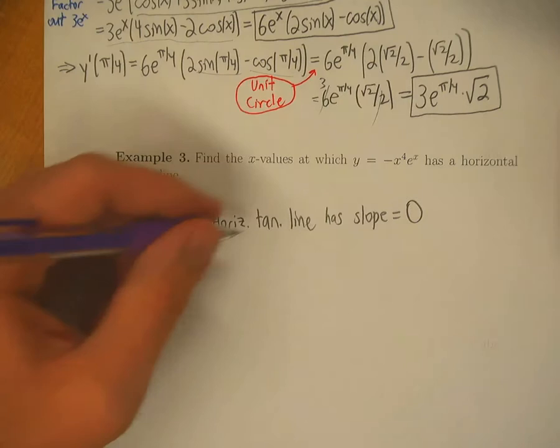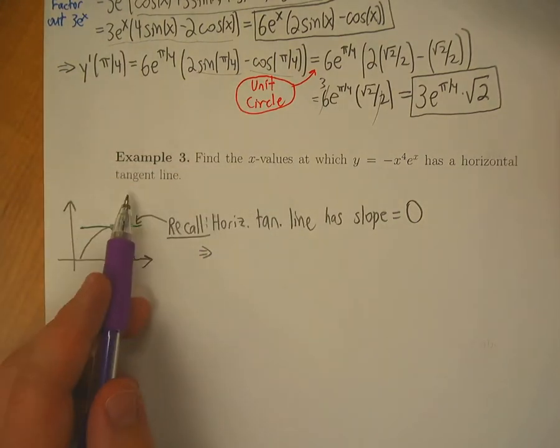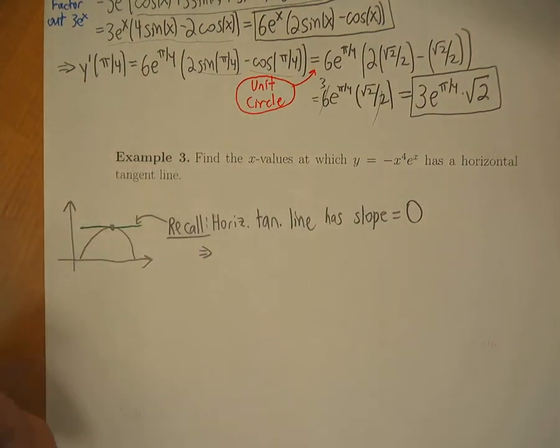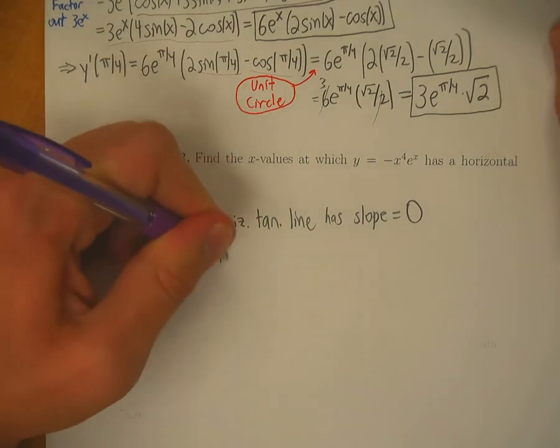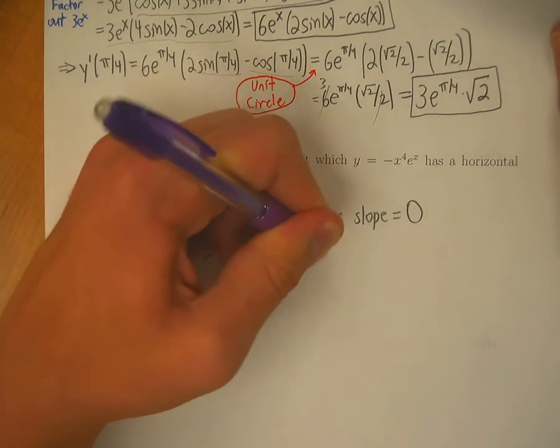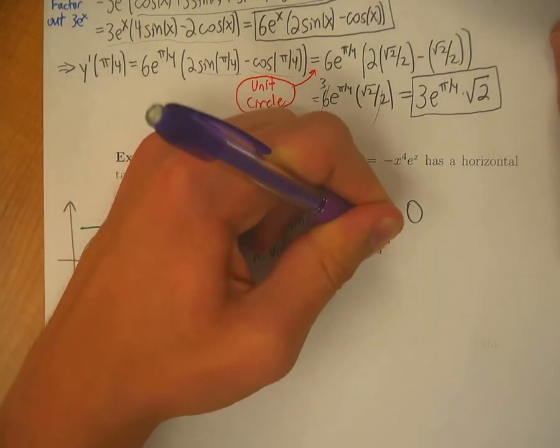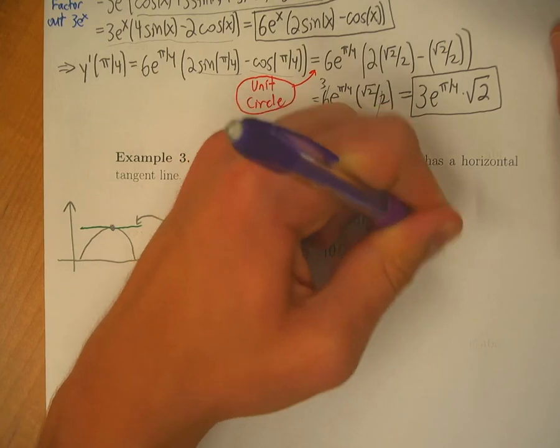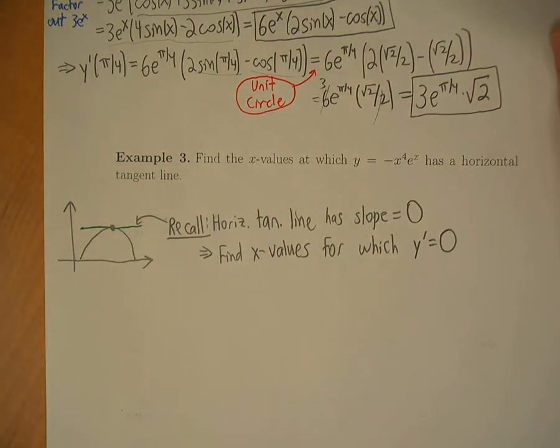So if you want to find where there's a horizontal tangent line, you just have to take your derivative and set it equal to 0. So find x values for which y prime equals 0.